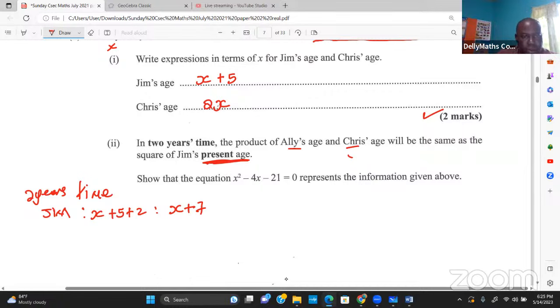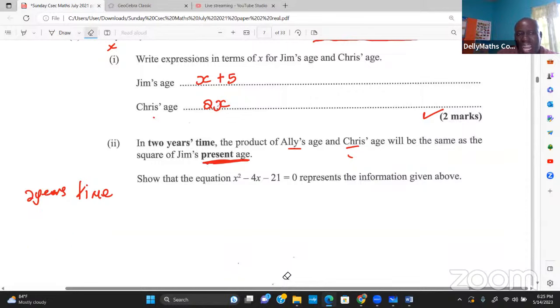Hold on. I think I wrote Jim's age here, but I think I wrote the wrong age, focusing on the wrong person.